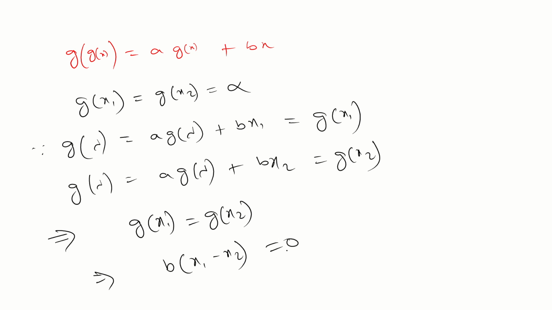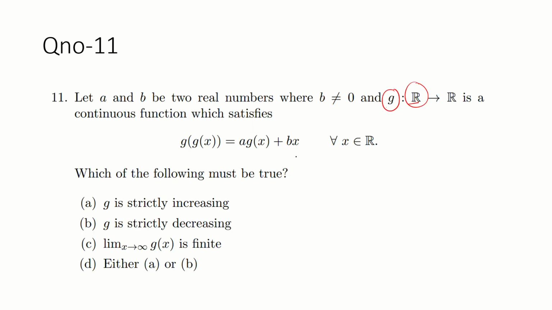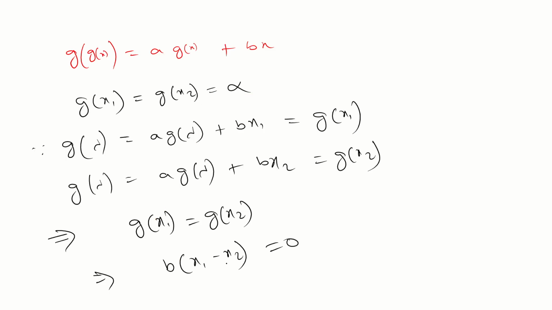But guys, it is given in the question that b is not equal to 0. So b cannot be 0, so this other factor must be equal to 0. So x1 minus x2 should be 0, following this property, that is LHS equals RHS.